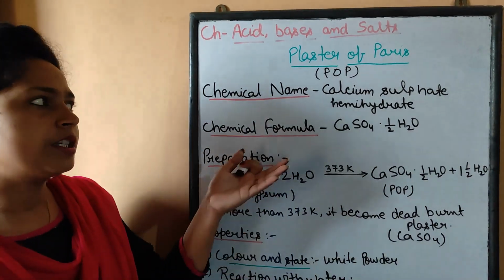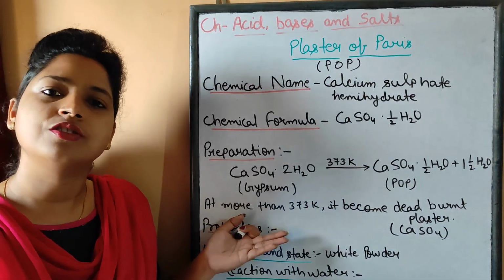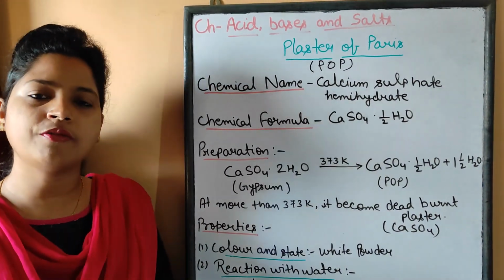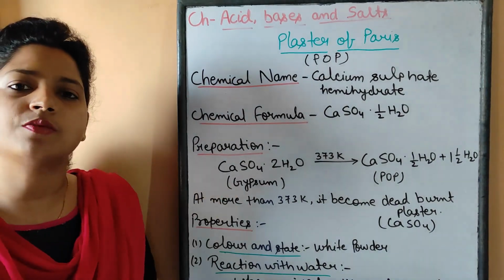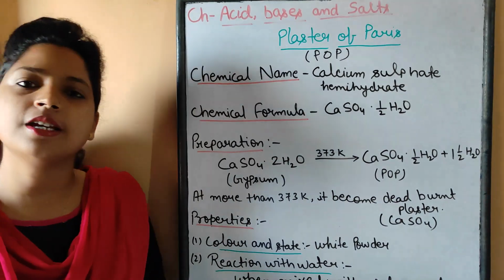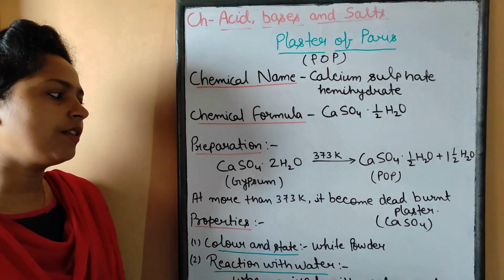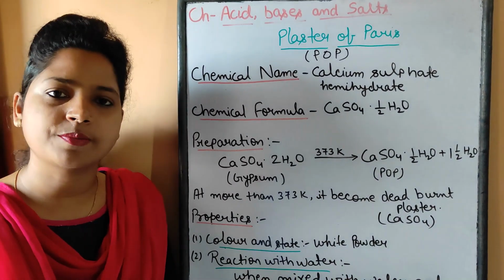But here, this POP is prepared from a compound named gypsum. So when we look at the preparation method of plaster of Paris, we have the reaction of gypsum. Gypsum is what? It is actually calcium sulfate dihydrate. Means calcium sulfate combined with two molecules of water gives gypsum.